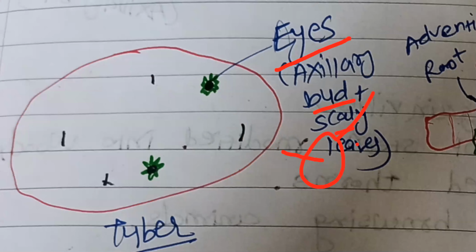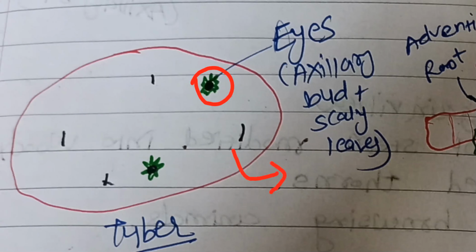And due to the presence of this structure, you have heard that a farmer sows potato seeds into the soil and from that potato develops? No, right? Directly the potato that has germinated, this type of potato, is sown into the soil, and from that the new plant can easily develop. So it has two benefits.